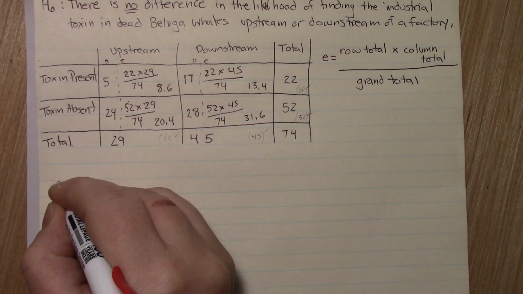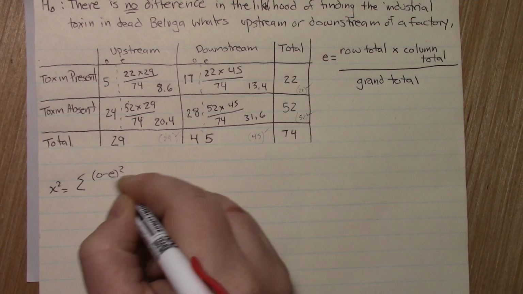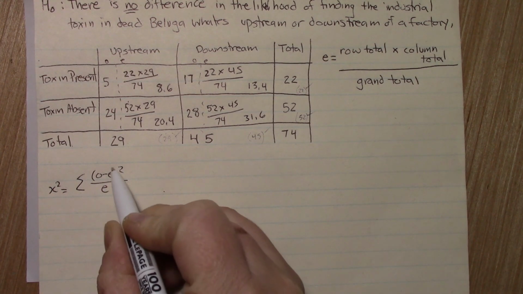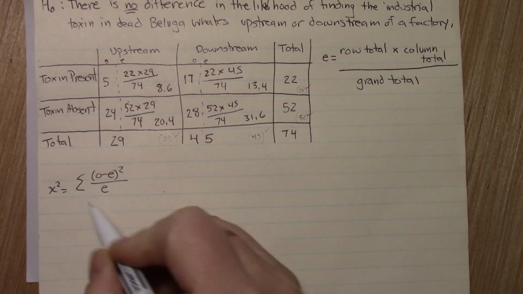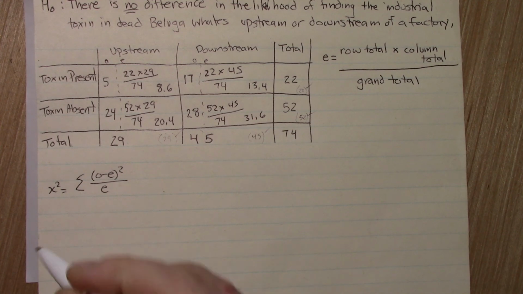So chi squared equals the sum of observed minus expected squared over expected. Now we're going to add this part of the equation as many times as we have observed and expected values.